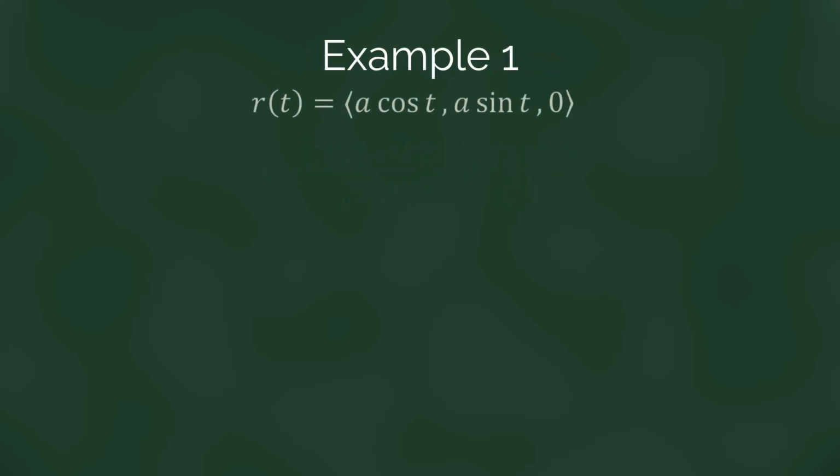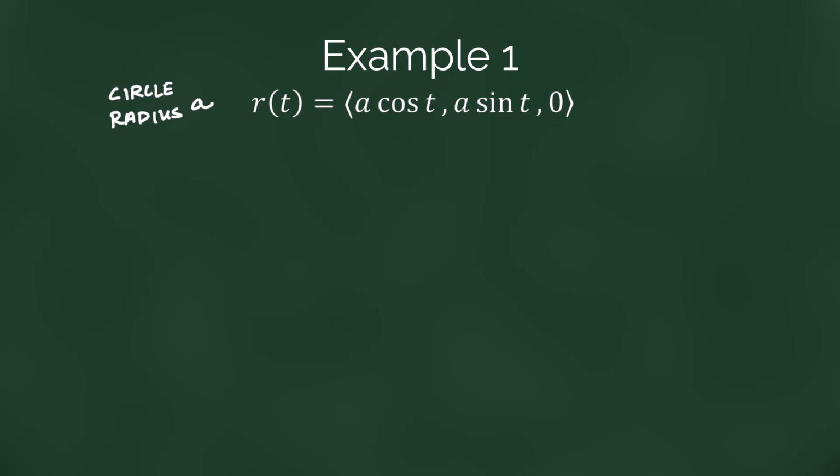Let's look at an example to maybe establish some more intuition about this idea of curvature. So here we have the curve r of t equals a cosine t, a sine t, 0. We know that this is a circle with radius a. We said earlier that the smaller a circle or a sphere is, the more curvature it should have.